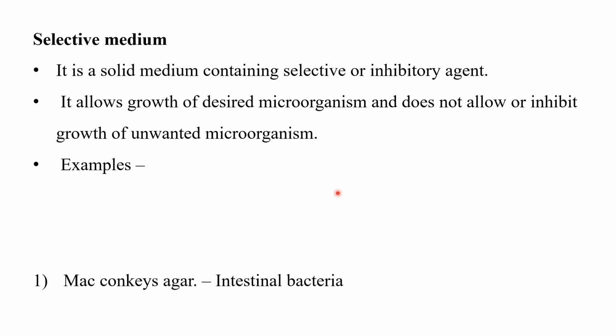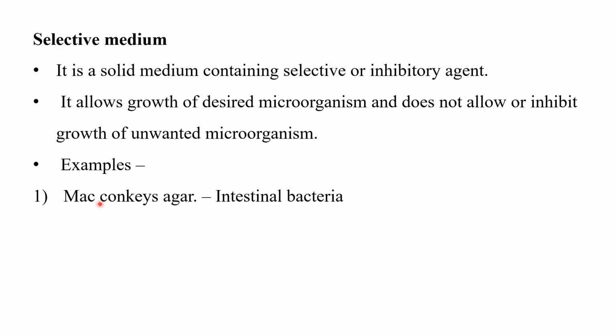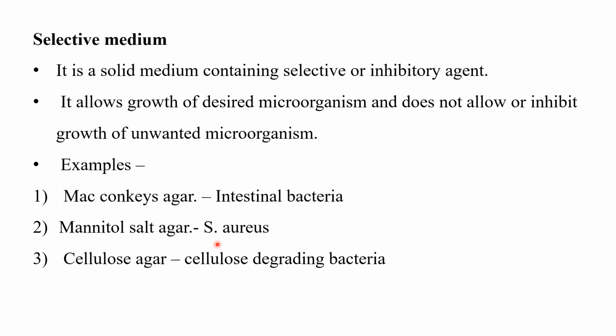Examples of selective media are the MacConkey's agar. We can use it for the isolation of intestinal bacteria. Second example of the selective medium is the mannitol salt agar, which can be used for the cultivation of Staphylococcus aureus.